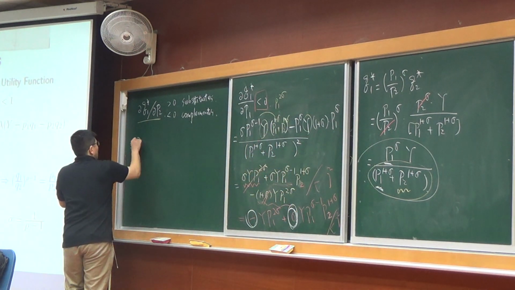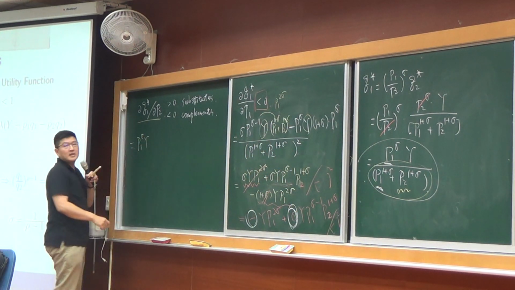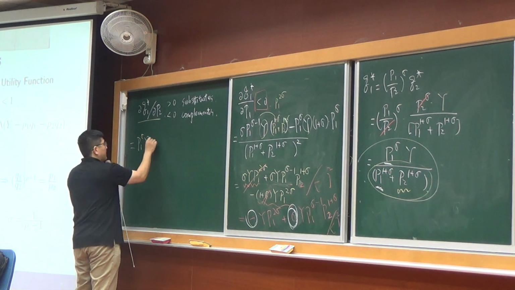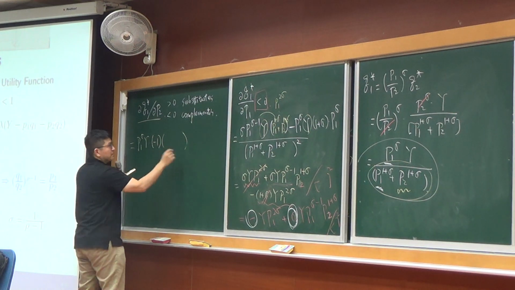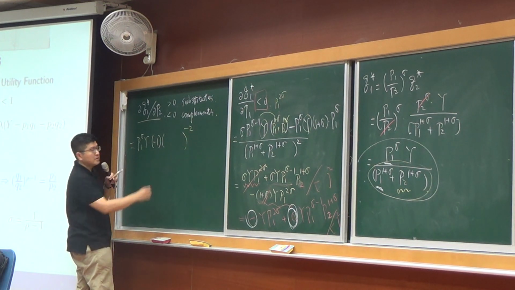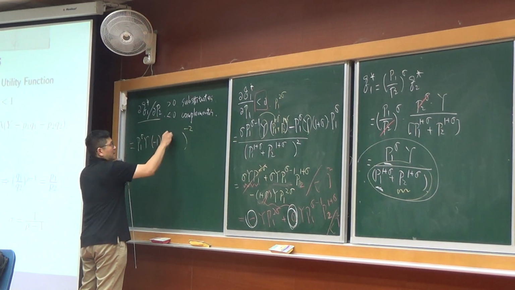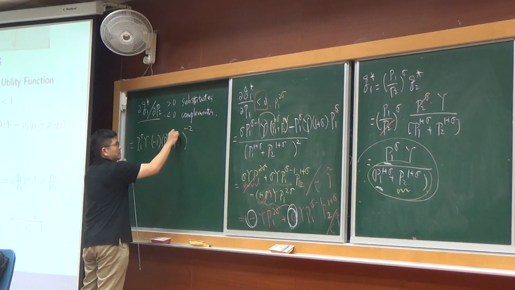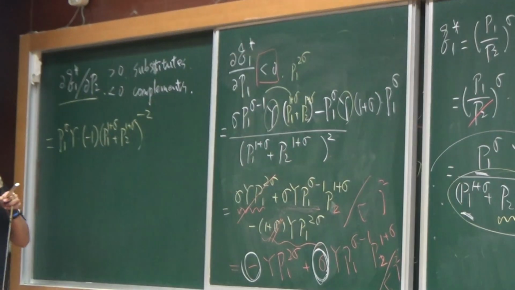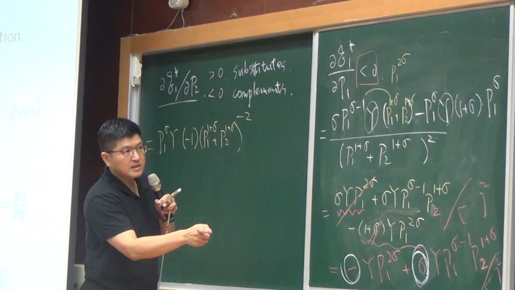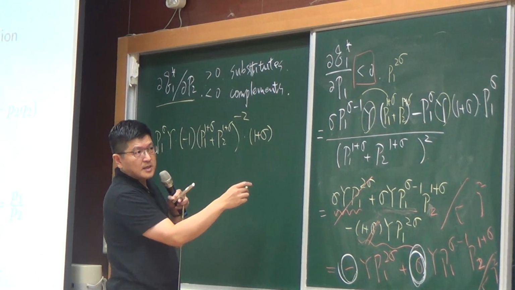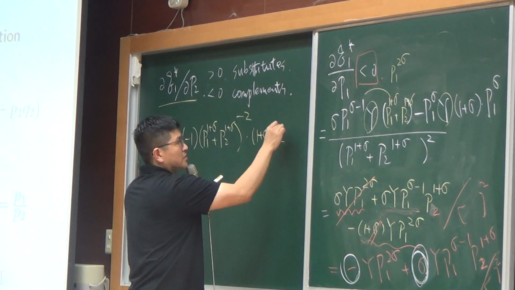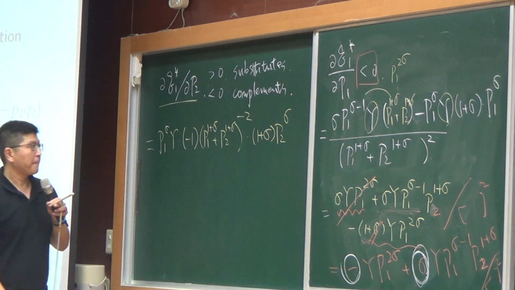So P1 sigma y can be held, and it's a -1 with this term to be -2. So it's P1, P2, and then it will be 1 plus sigma and P2 to the power of sigma.